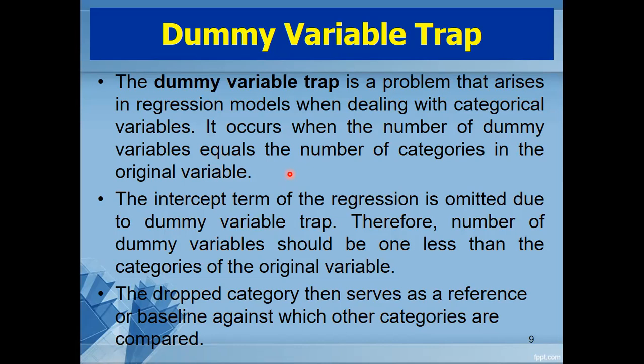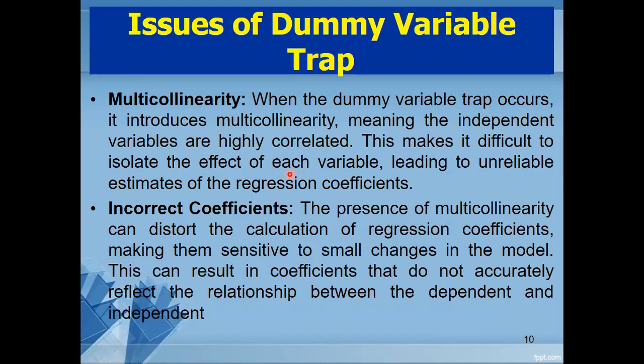When the dummy variable trap is there, the regression model automatically drops the intercept. At the same time, some issues will arise, especially the multicollinearity issue. Multicollinearity means there will be a perfect or strong correlation between independent variables.